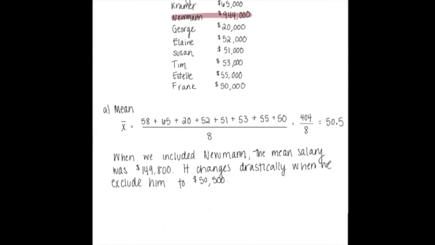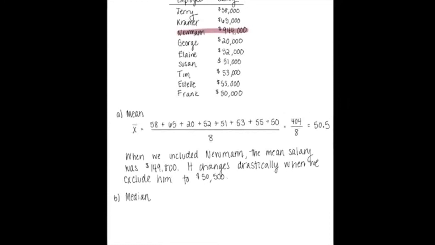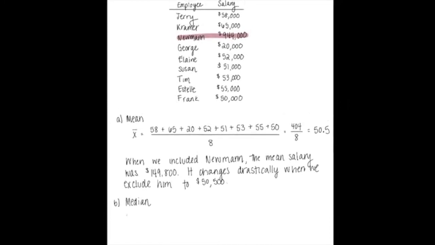Now, if we go for the median, I again have to put all of these in order. So we start with our lowest, which is 20,000. Then we have 50,000, 51,000, 52,000, 53,000, 55,000, and we've got 58 and 65. So that gives us 1, 2, 3, 4, 5, 6, 7, 8 employees.